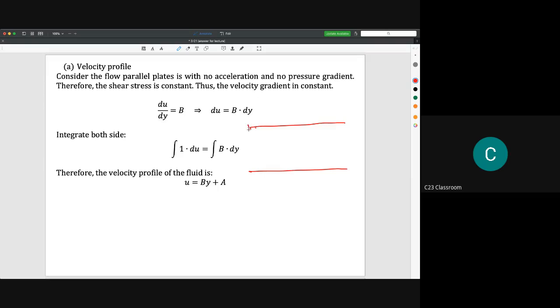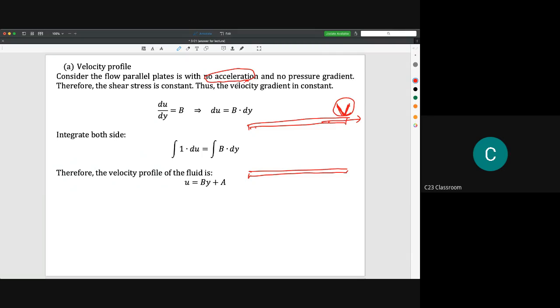The idea is simple. If you have a moving and a fixed plate like this, and you pull the plate at constant velocity, if not, you will create acceleration. The velocity here is constant, so there is no acceleration.